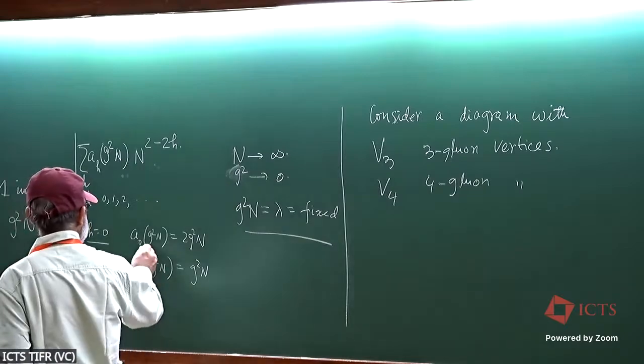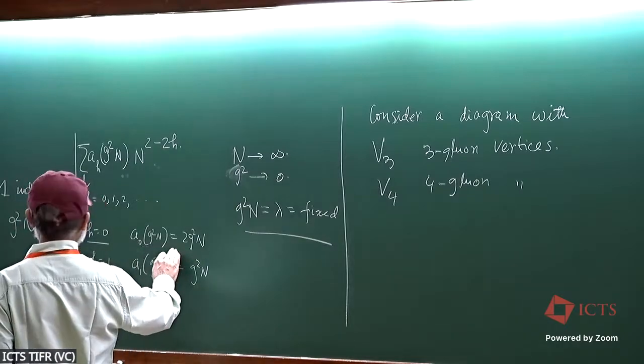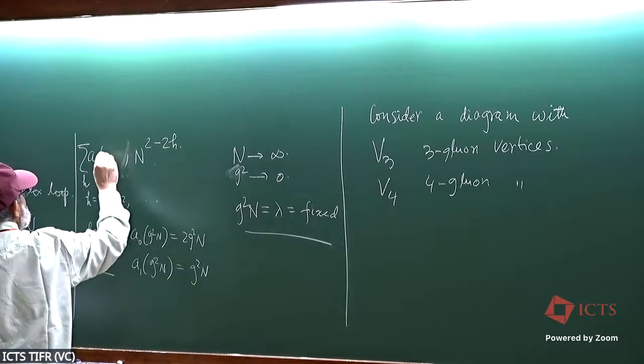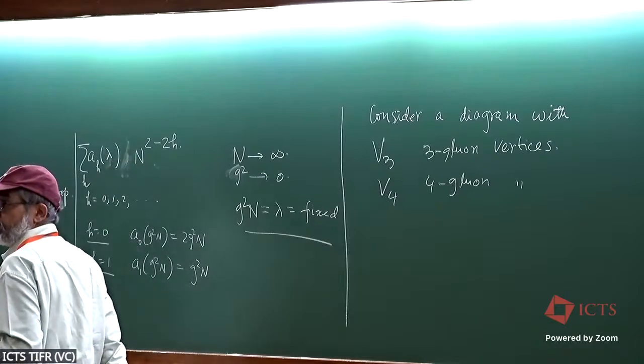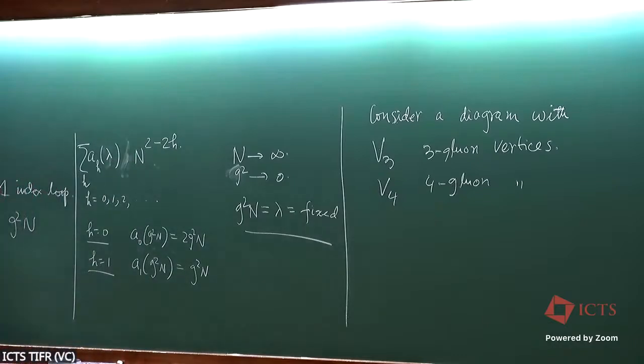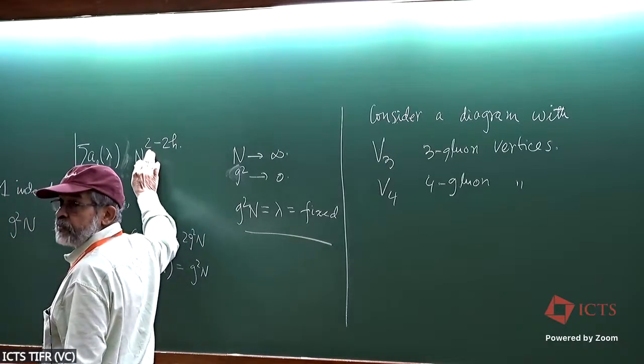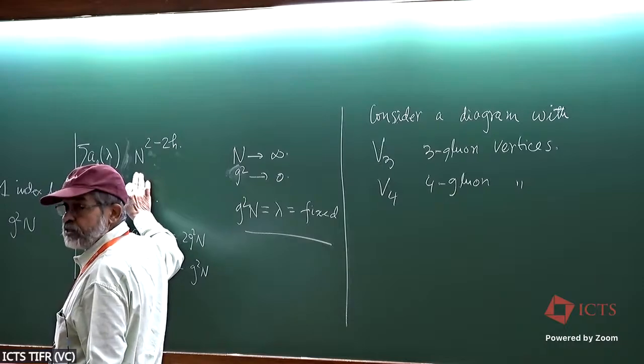So this is the function A0 of g square n. Let me not write this g square n here. Now that we know that g square n is supposed to be called lambda, let us look at this expression. It is like A0 of lambda times n square plus A1 of lambda. h equal to 0 means this n square, and h equal to 1 means n to the power 0, that's 1.